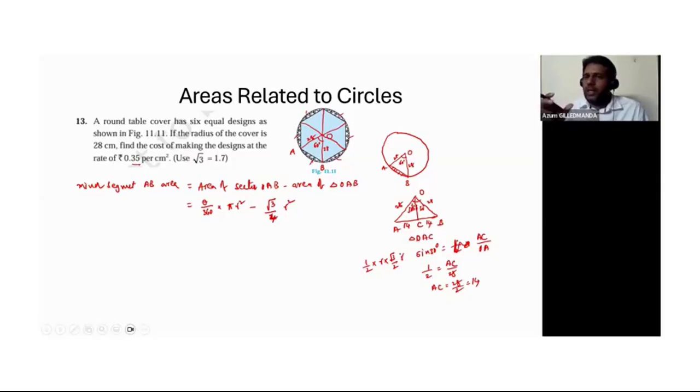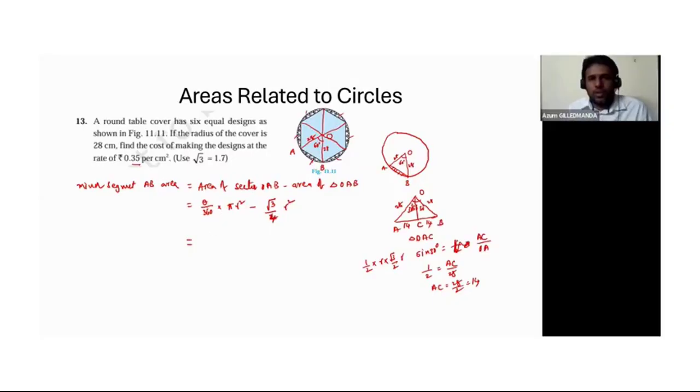So I got the area of the triangle by using half into base into height. Half into base is the radius, same length, it's an equilateral triangle, into height. So if this is R by 2, then using Pythagoras, I can find this as root 3 by 2 R. And if I substitute that, half into base into height is root 3 by 4 R square.